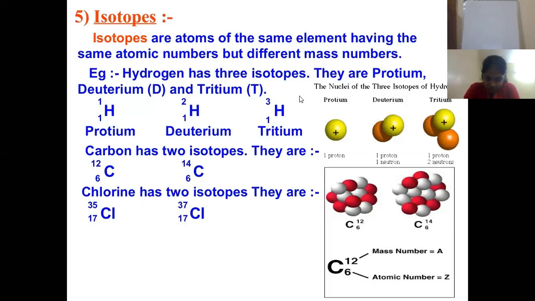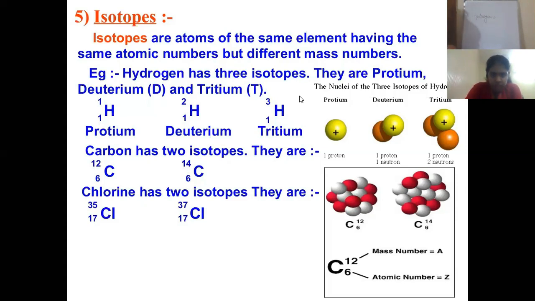For example, if we talk about hydrogen, as per John Dalton, all the atoms of hydrogen must have the same mass number as well as the same atomic number.